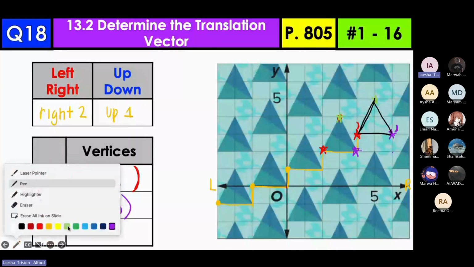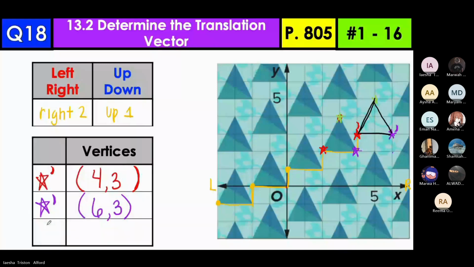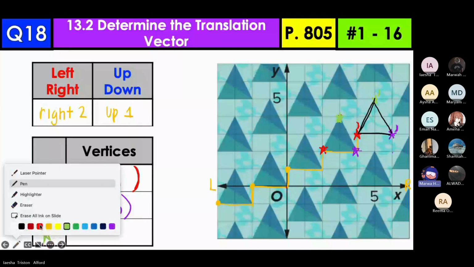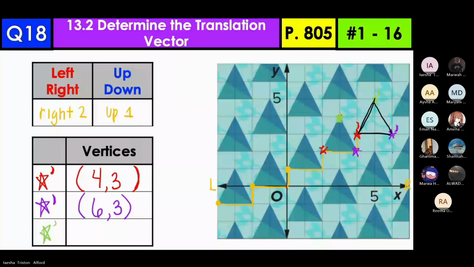What about the green star? This one up here. Let me change this to a +5 point. Yeah, +5 and +5. Good.